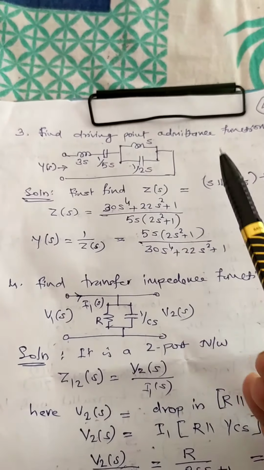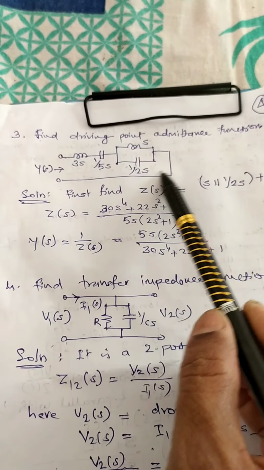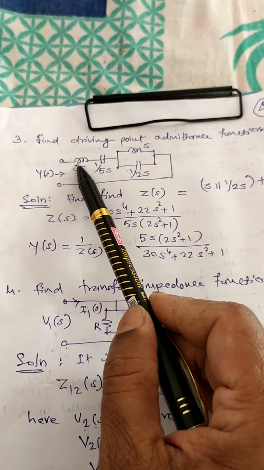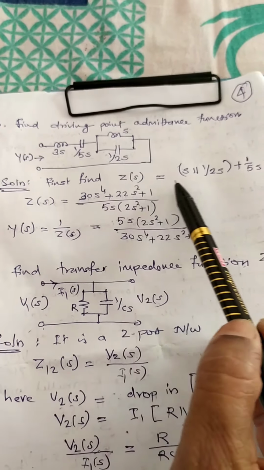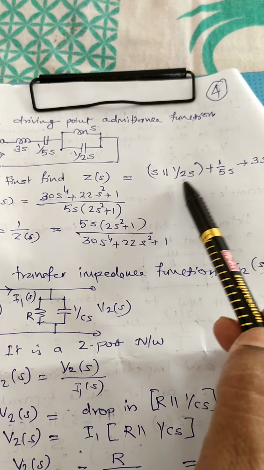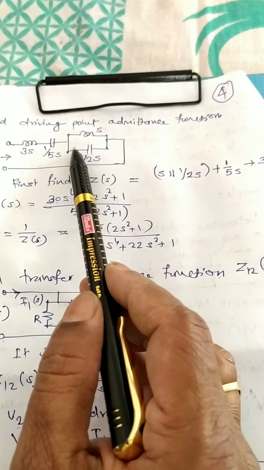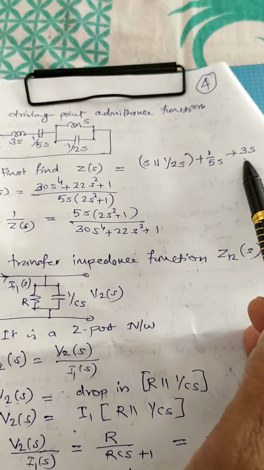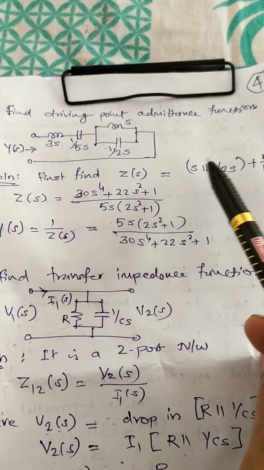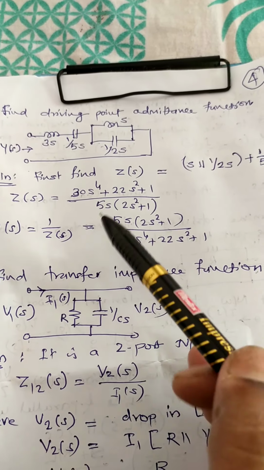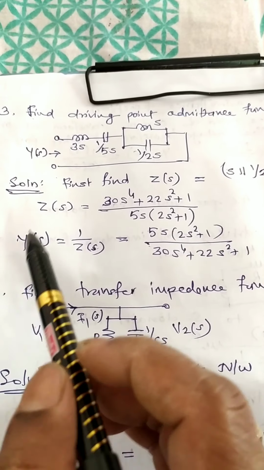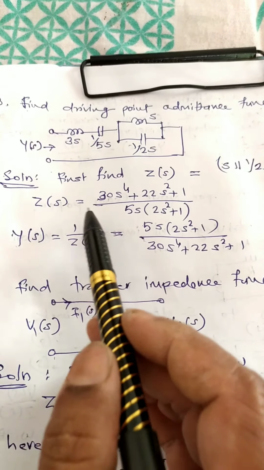That's what is done here. Z of s, what is the total impedance of this one? These two are in parallel, series with this, series with this. So it is written here as parallel with 1 by 2s plus 1 by pi, series, plus one more series 3s. If you do the calculations here, Z of s comes like this, and we actually want the admittance function, therefore Y of s equals 1 by Z of s.